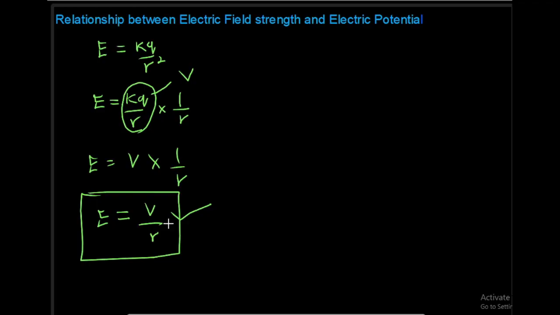This equation is very important and will come in handy whenever you're given a question that has electric field intensity, electric potential, and distance. So this is the appropriate equation to go with.